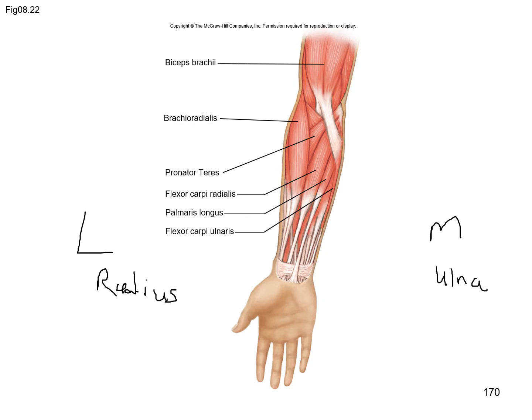So the one that starts here and goes across over to this is called the pronator teres.